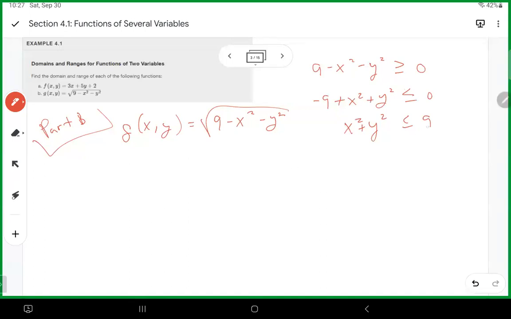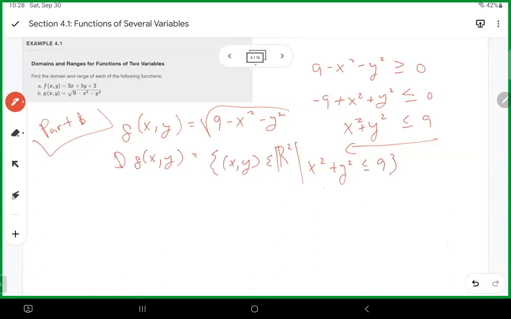So this leads us to the domain of g of x, y being x y an element of R squared such that x squared plus y squared is in relation to 9. So this is the first part we need.